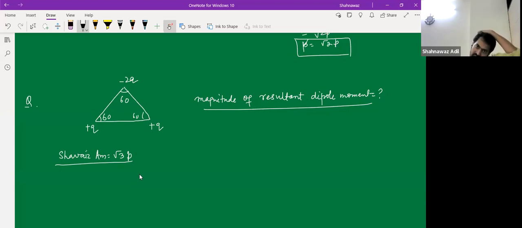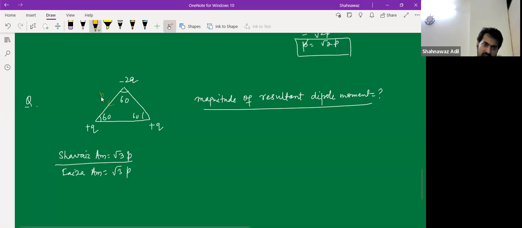The idea is that we have to just find the individual dipoles and take the resultant. What did you get, Faisal? P root 3, yes. So same. So you guys are correct.